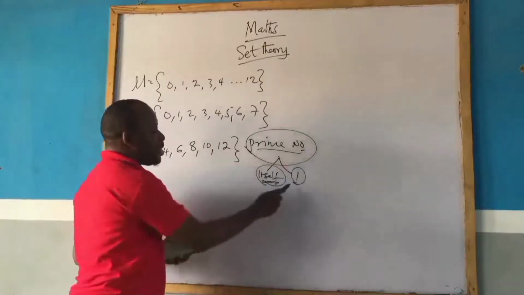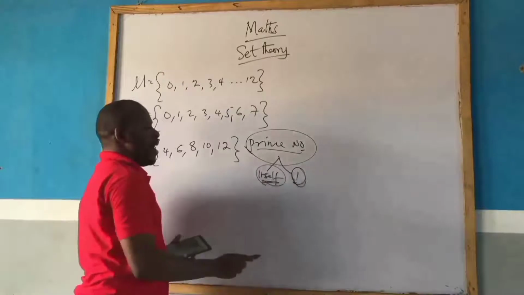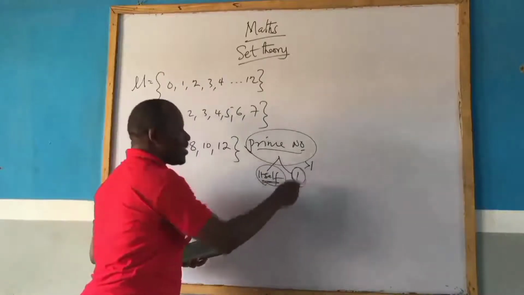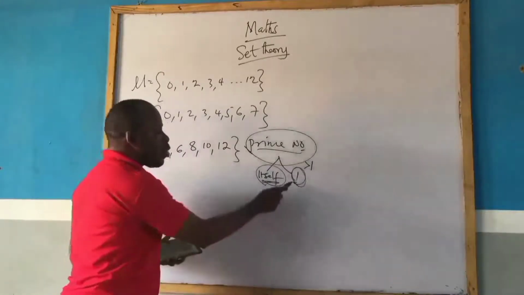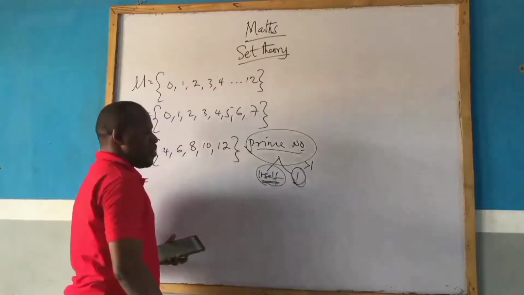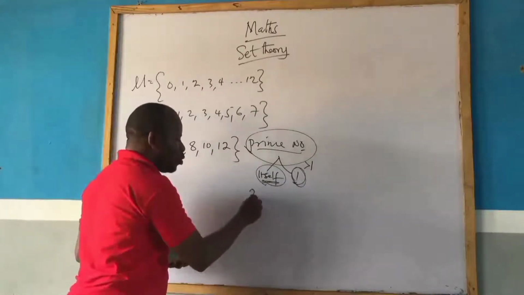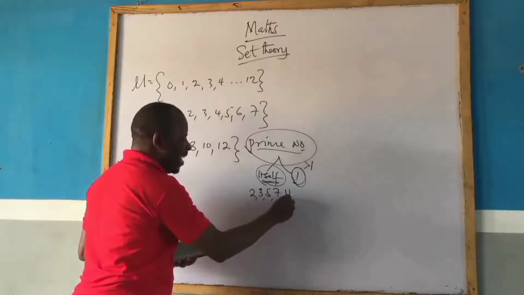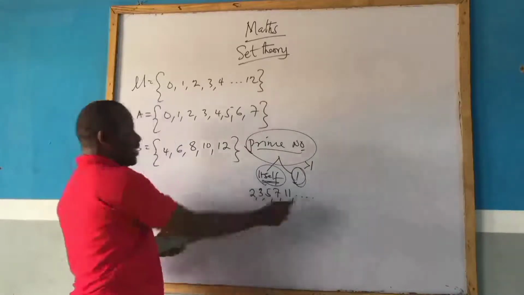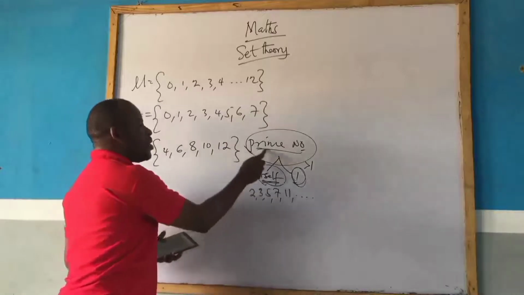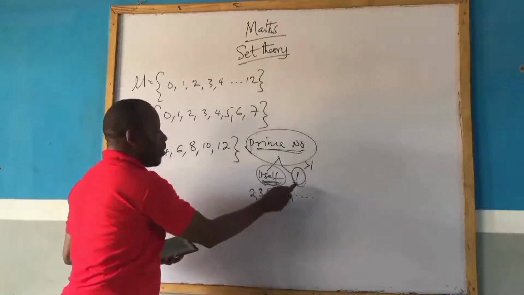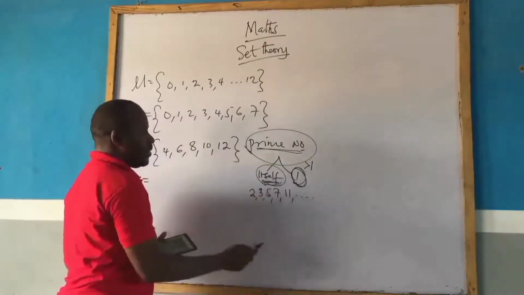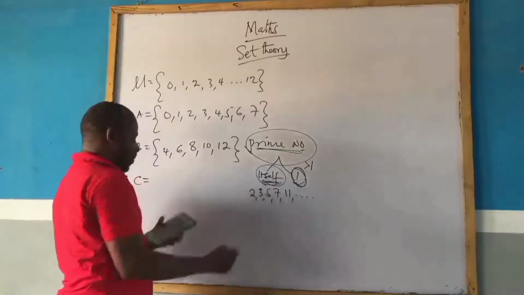Please note something. 1 is not a prime number. These numbers must be greater than 1. So you don't consider 1 as a prime number. So prime numbers will be 2, 3, 5, 7, 11, and so on. These are called prime numbers, numbers that only itself and 1 can divide.